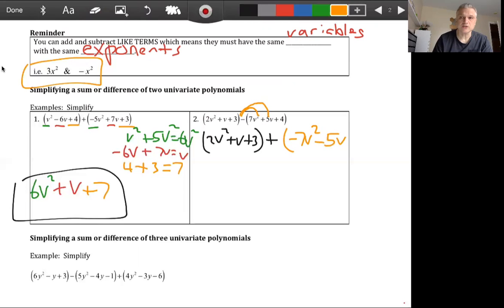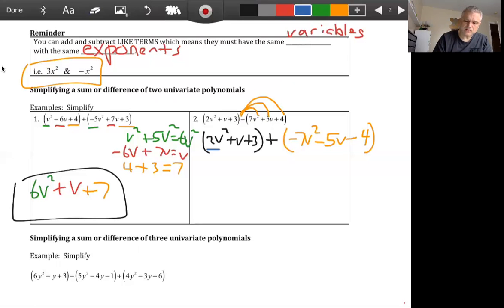Notice all we're doing is changing the sign. And then negative 1 times positive 4 is minus 4. So now we have an addition question. Now it's just like example 1. Cool, right? So now let's do like terms.